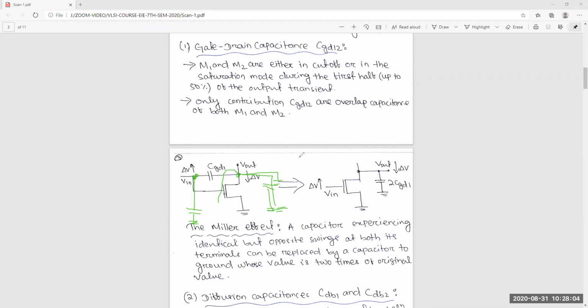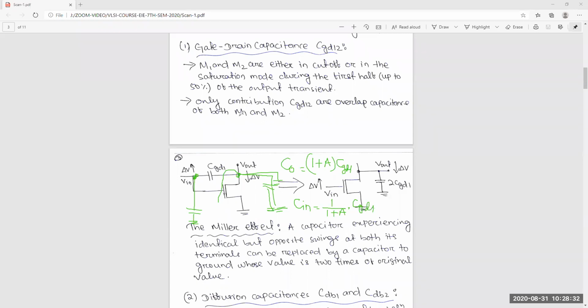So the output capacitance C0 is equal to (1 plus gain) into CGD, and C in is equal to (1 by (1 plus gain)) into CGD.